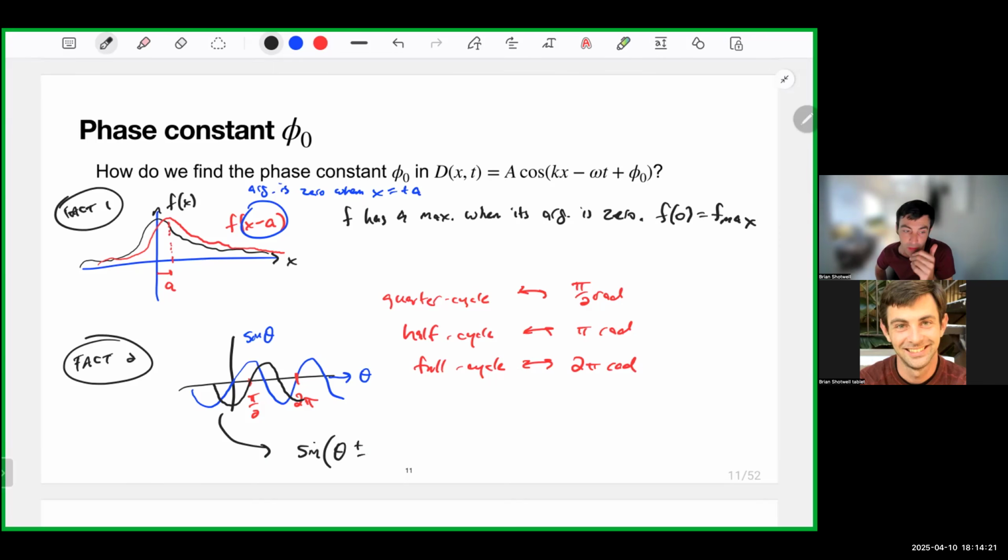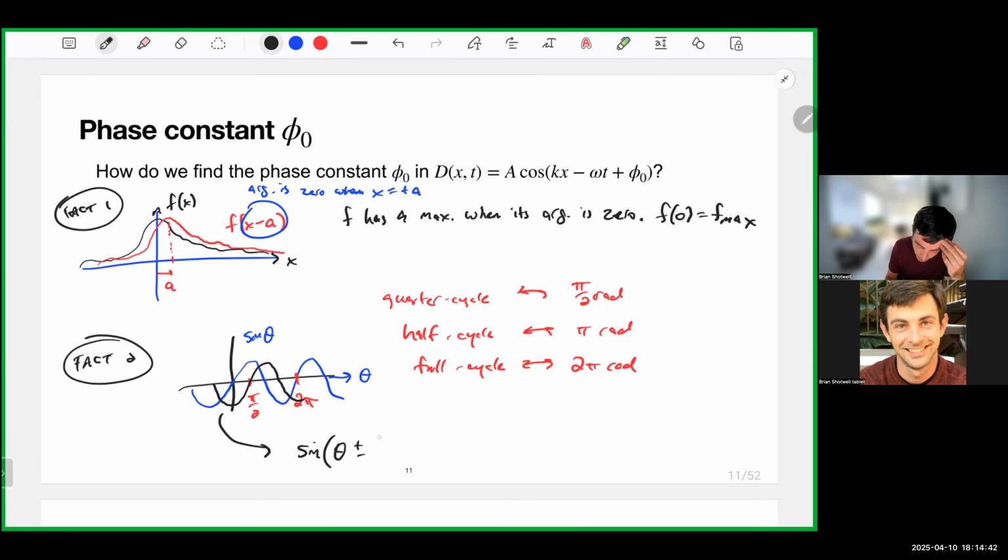Well, the point I was just emphasizing was that a quarter cycle is how much we need to pick up the blue graph and shift it to the right. You see how that's a quarter of a cycle. A quarter of a cycle, in terms of the argument of a trigonometric function, is pi over 2 radians.